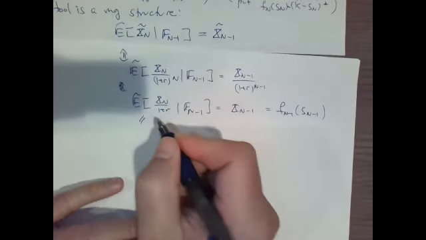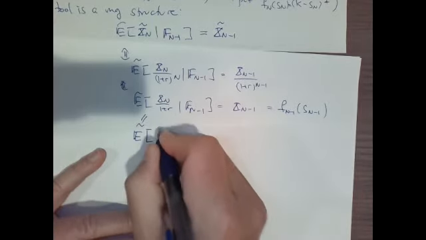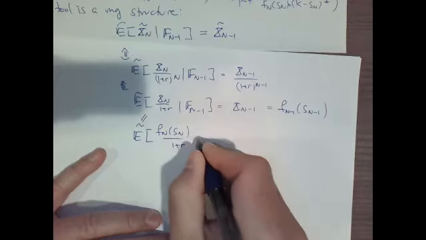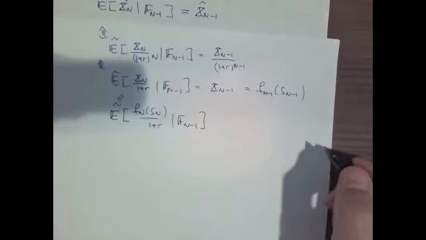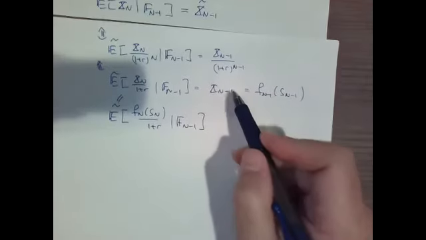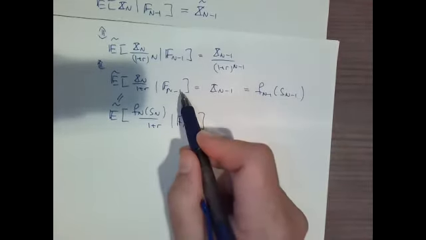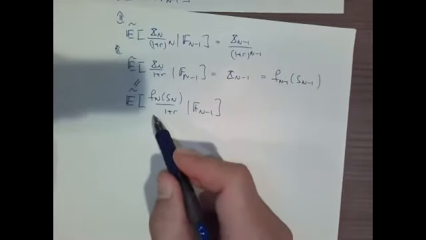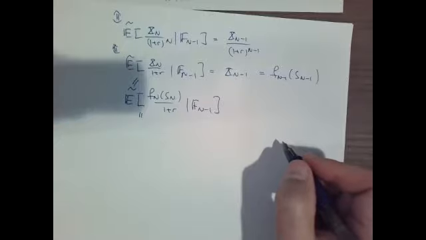So the left-hand side, I'll write this here as the expectation of Fn of Sn divided by 1 plus r, given Fn minus 1. So the goal is to write my wealth process in terms of the stock at time n minus 1. Okay, so I have to compute this conditional expectation, and I can do that. It's very similar to some of the calculations that we've already done.